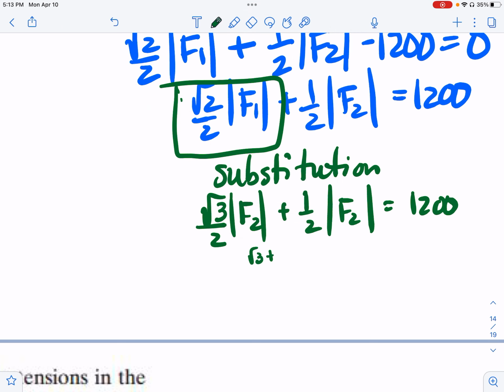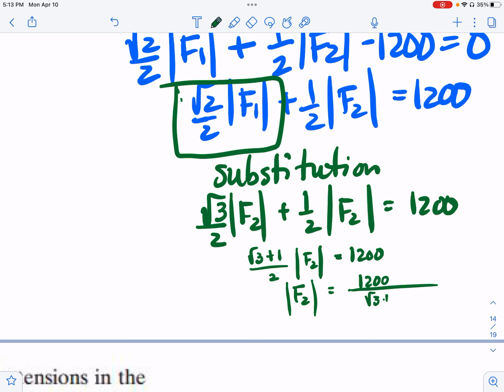Root 3 plus 1 over 2 of F2 must equal 1200. Divide both sides by root 3 plus 1 over 2.